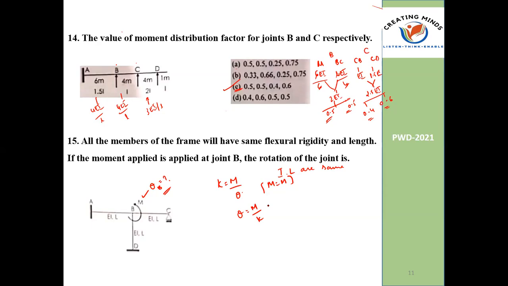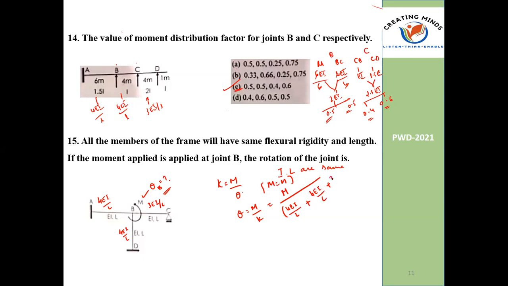Now determine K. What is the K value for AB? 4EI by L. This is also intermediate, 4EI by L, but this one is simply supported, so 3EI by L. If you do this sum, you are getting M divided by 4EI by L, L is L only, plus here also 4EI by L, and this one is 3EI by L. All EI are constant.